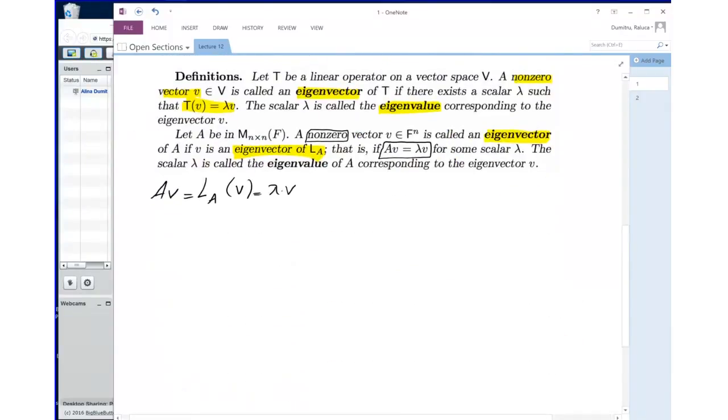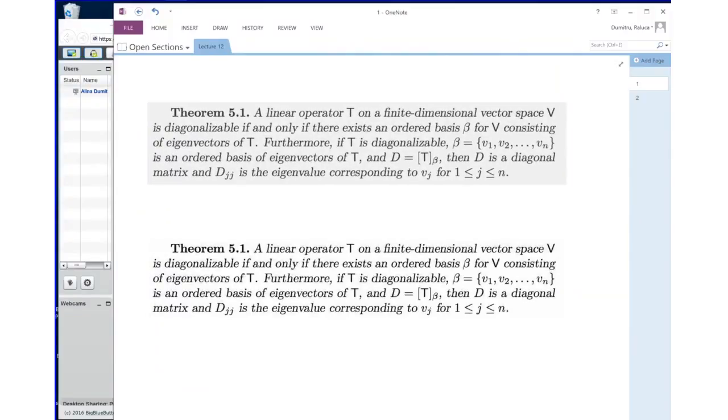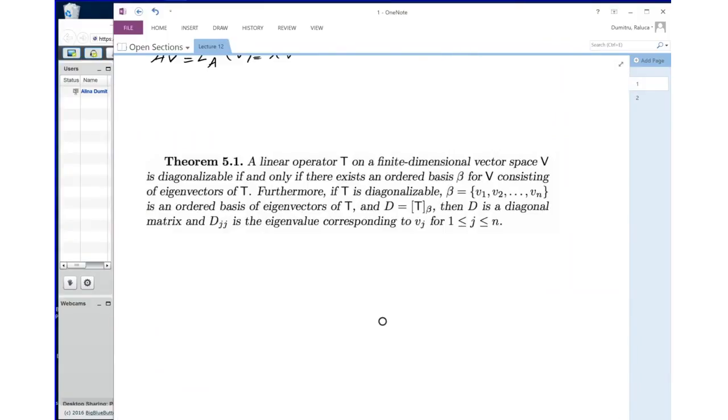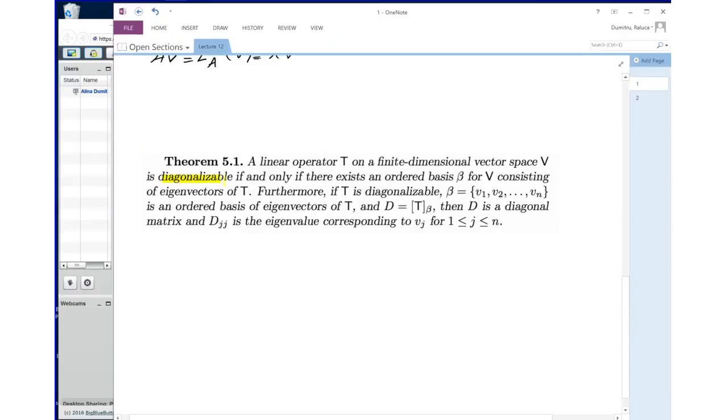We can translate that definition into this theorem here, which says that an operator is diagonalizable if and only if there exists an ordered basis beta for V consisting of eigenvectors for T, right? Because that's exactly what we've seen. That basis that should exist will consist of eigenvectors. Every element in the basis will have this property.